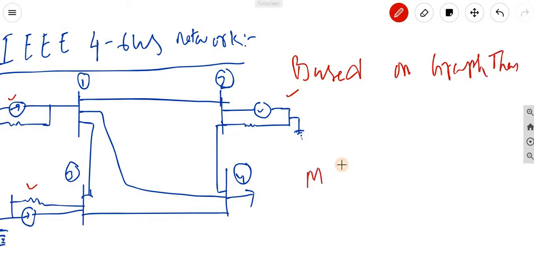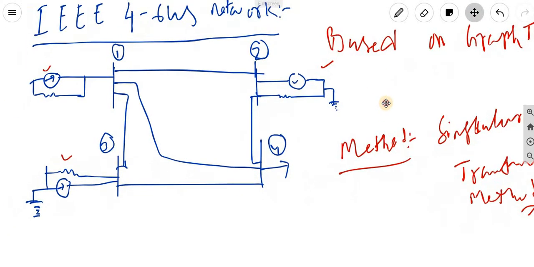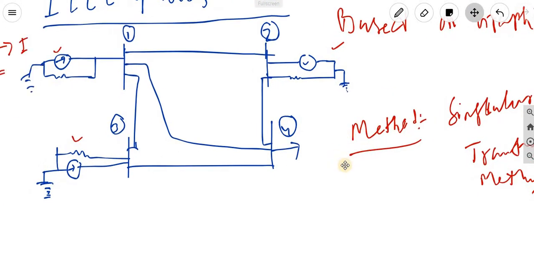This method, the so-called singular transformation method, is basically a graph theory method.